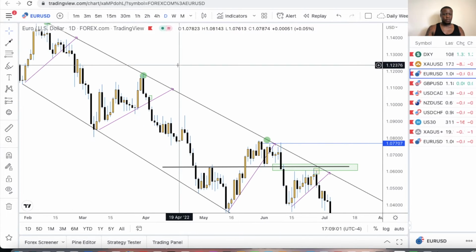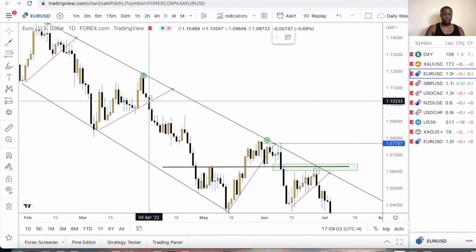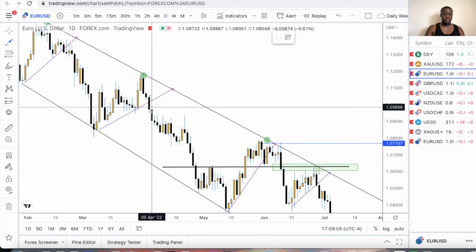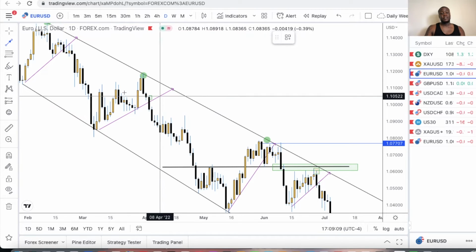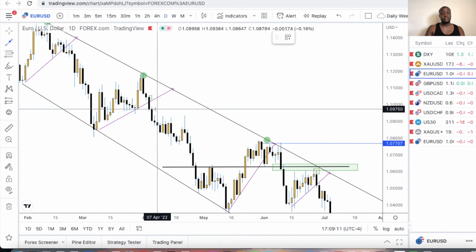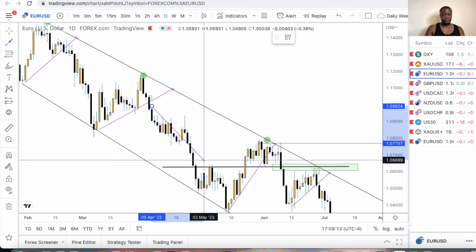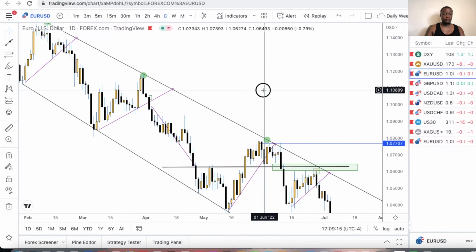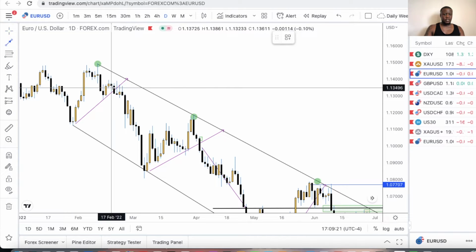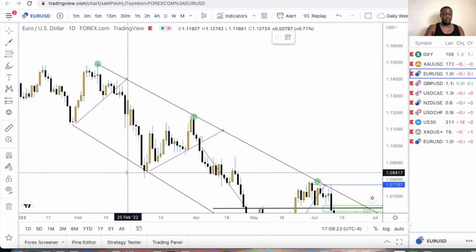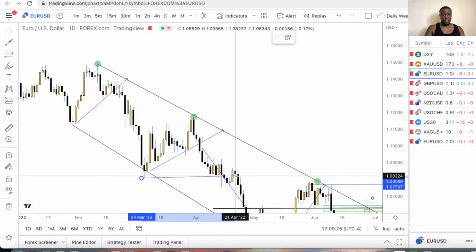And just say that you enter short from here once you break this declining trend line, this counter trend line. Where you would exit is pretty much right here.